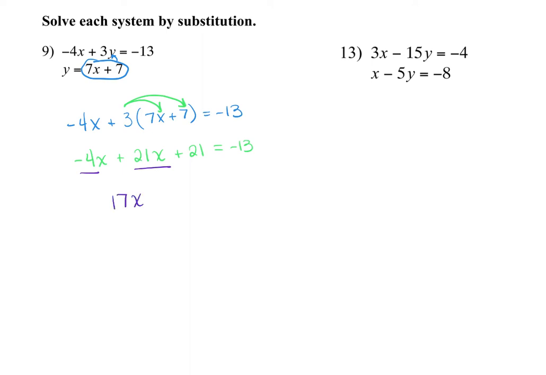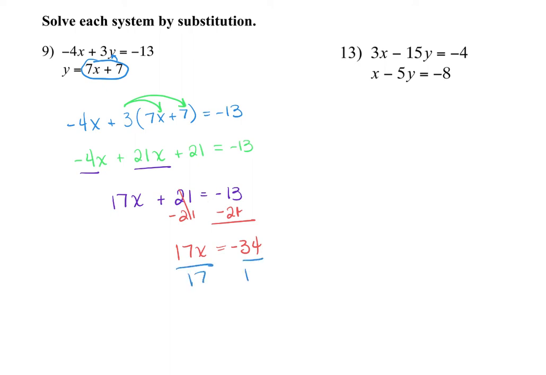I'm going to move that 21 over. And then I will divide by the 17.